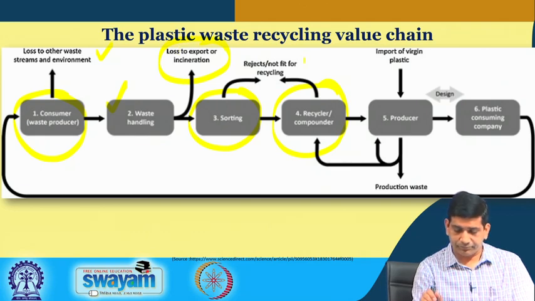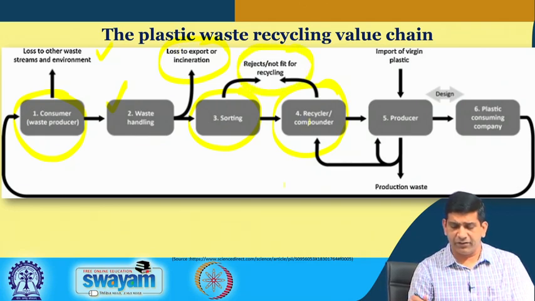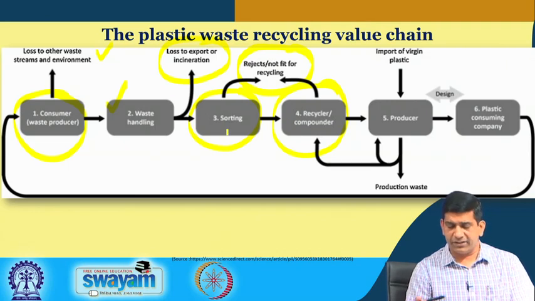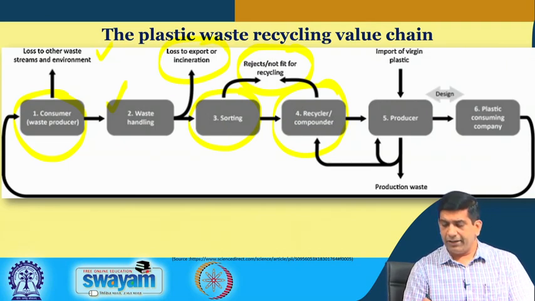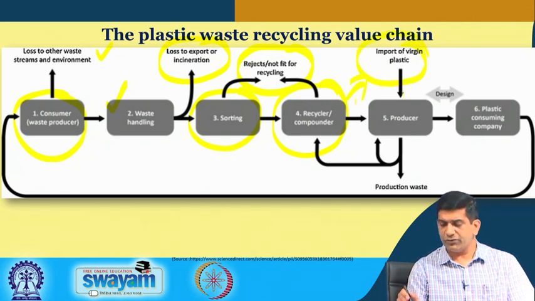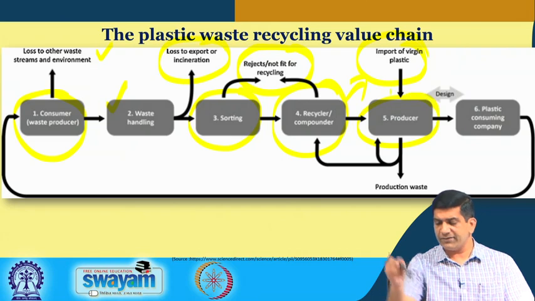Then when you go for sorting, there are rejects not fit for recycling, you will find several things which are kind of reject. And from recycling, once you produce the new product, you can replace the input of virgin plastic with the newer plastic that you produce, which goes again to the producer phase.